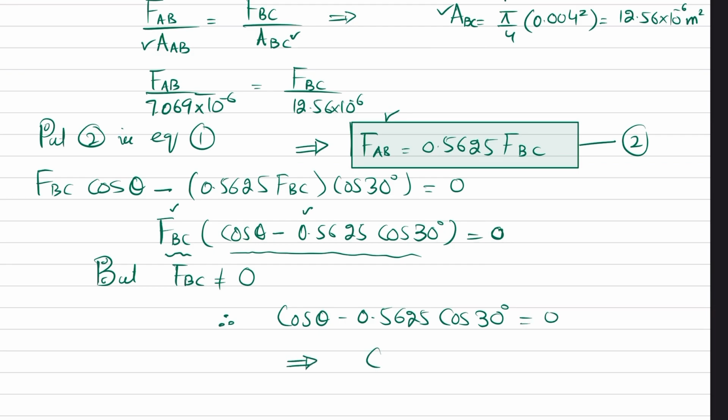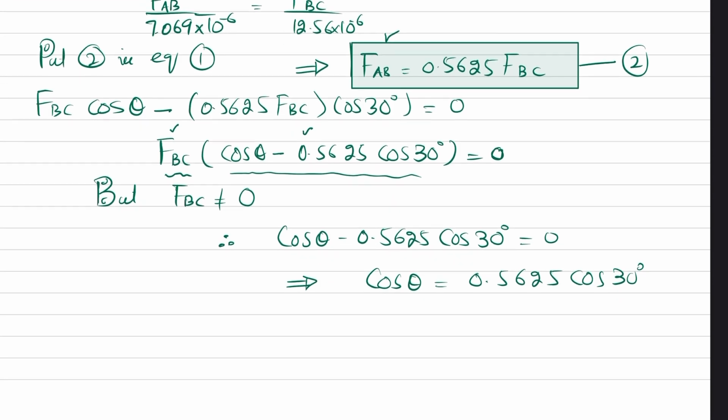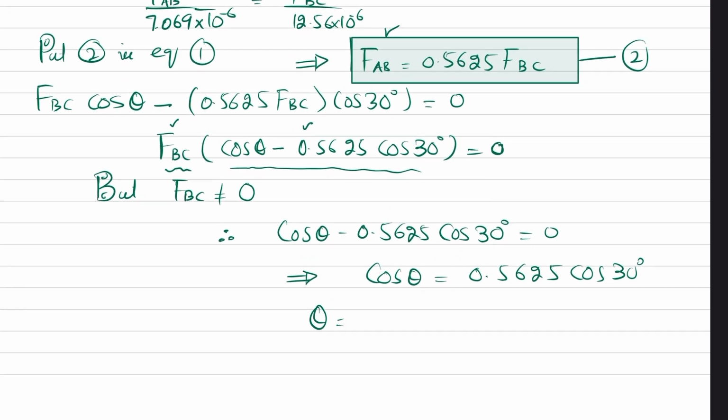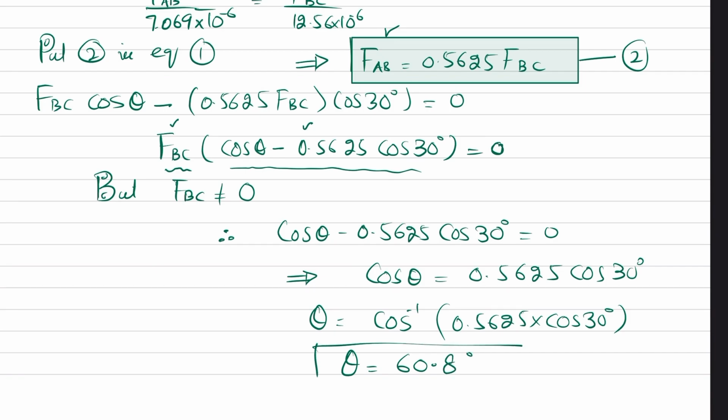From here, cos theta will be equal to 0.5625 cos 30 degrees, and theta will be equal to cos inverse of 0.5625 into cos 30 degrees. When you solve it, you will get theta equal to 60.8 degrees.